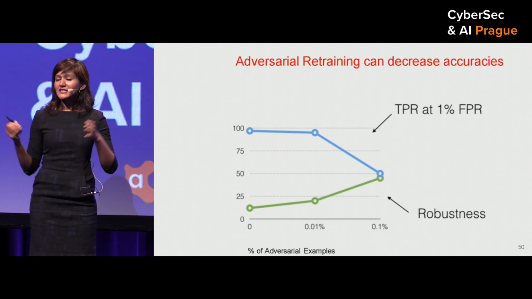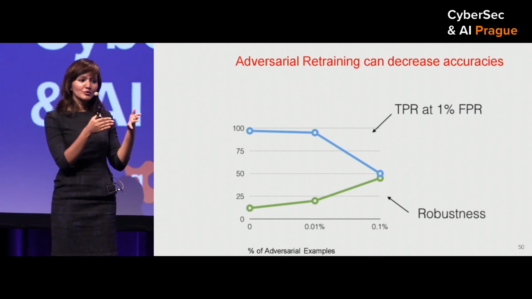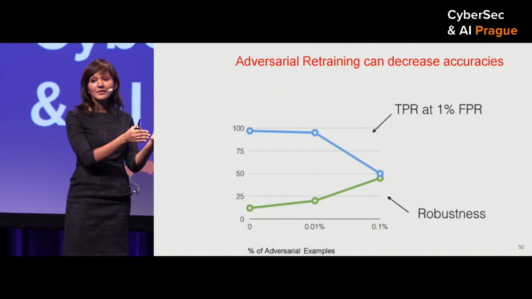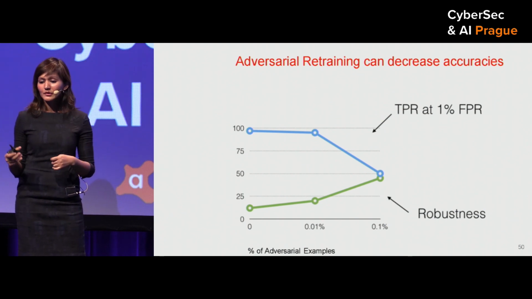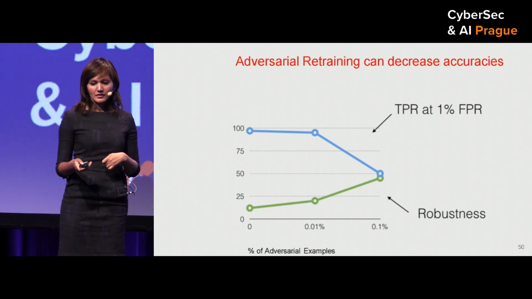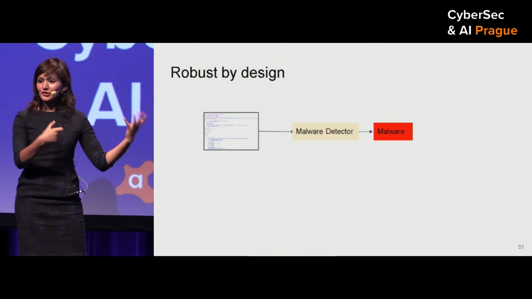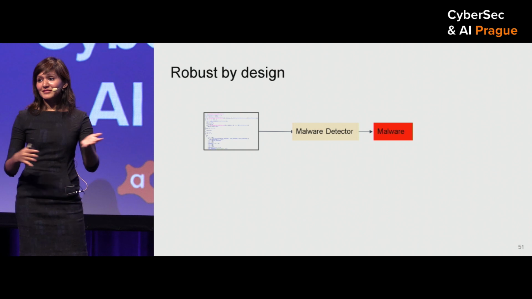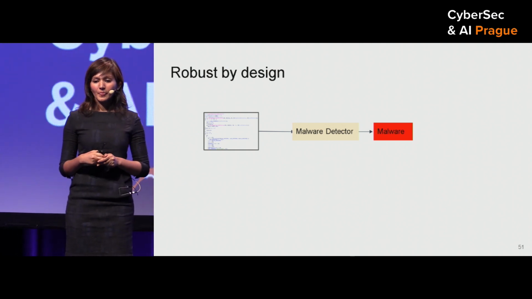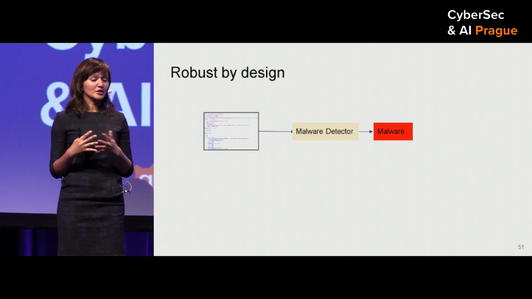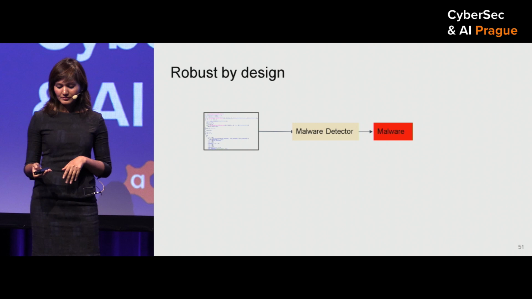This happens because as we are adding more and more adversarial examples, the classifier gets tuned to classify only those adversarial examples, and it diverges from the naturally occurring examples. To defend against this, we need to make sure that adversarial retraining does not diverge too much from the original examples. The second defense I'll talk about is building classifiers that are robust by design.